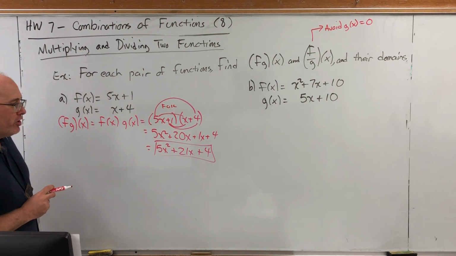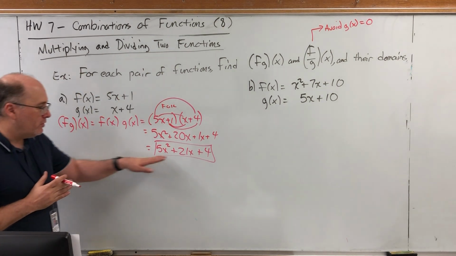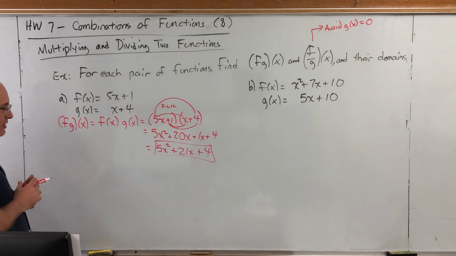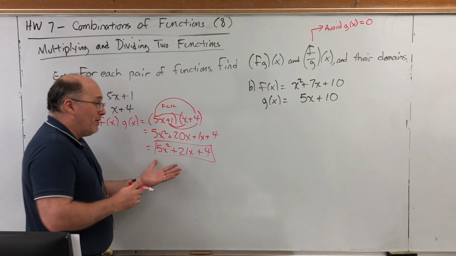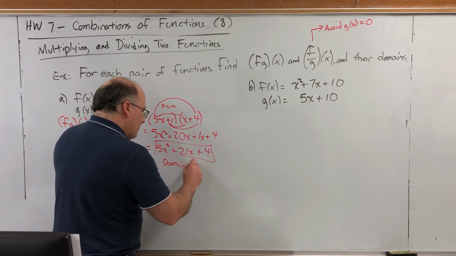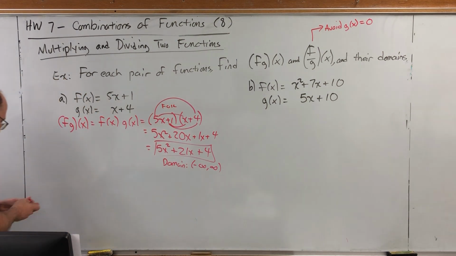Again, the homework may accept the unfoiled answer. It may ask you for the foiled answer. So read the directions carefully. Look, it's another polynomial. Its domain is still all real numbers. So not a whole lot to look at there.